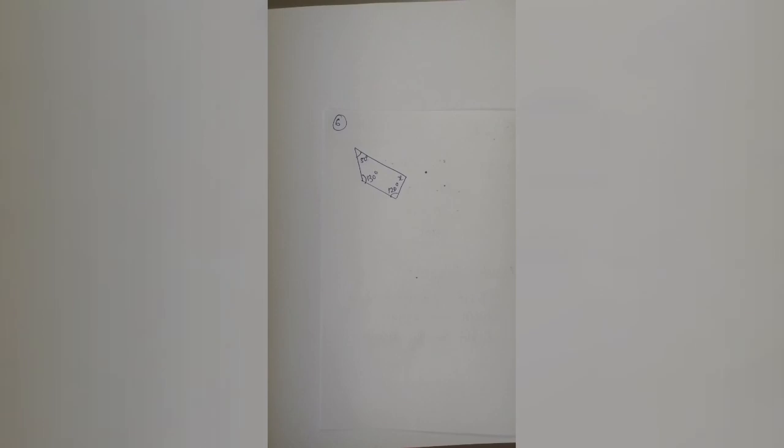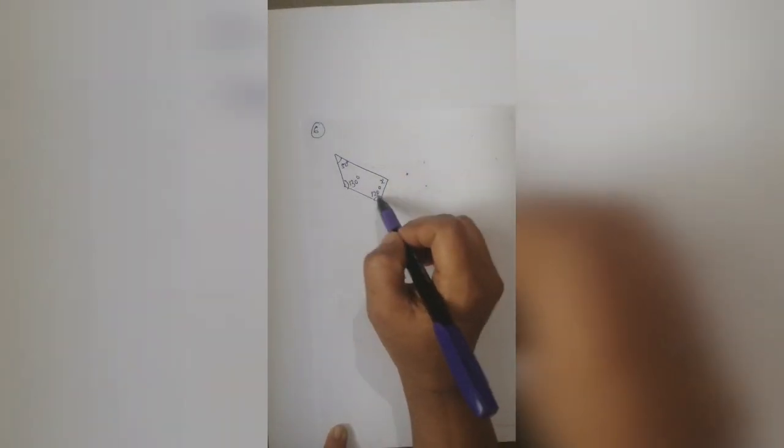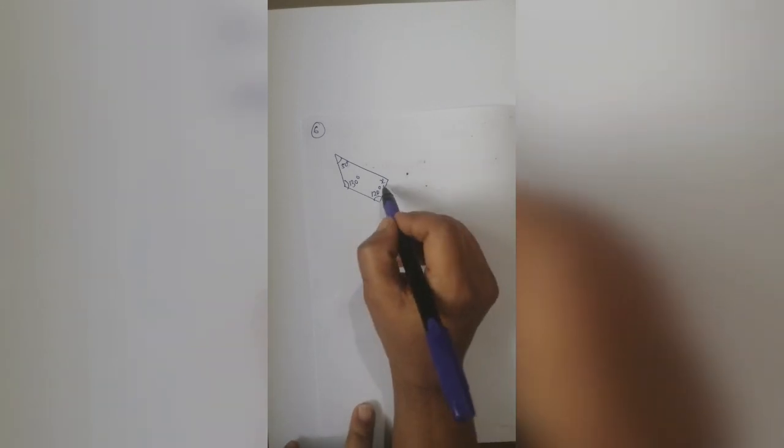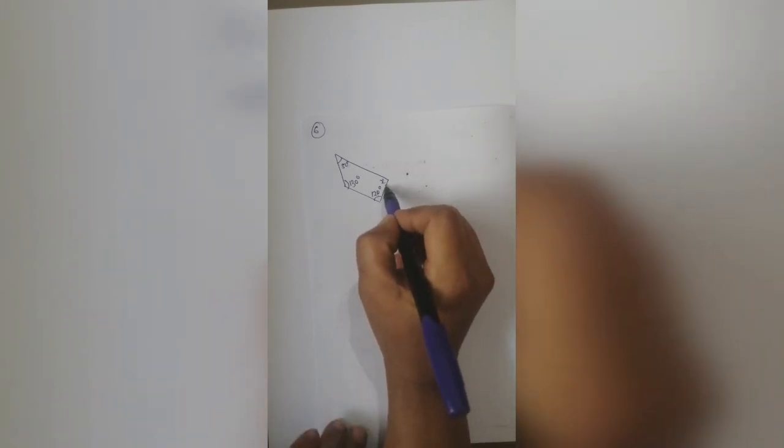Okay. Now here we are going to find the value of x. Here a quadrilateral is given. You know the sum of the measures of the interior angles of a quadrilateral is 360. Here three angles are given to you. You just have to find x.